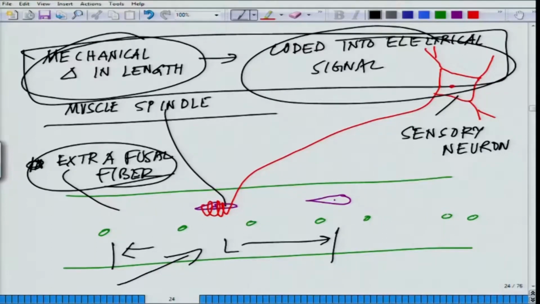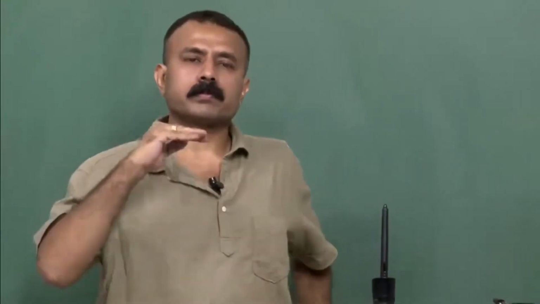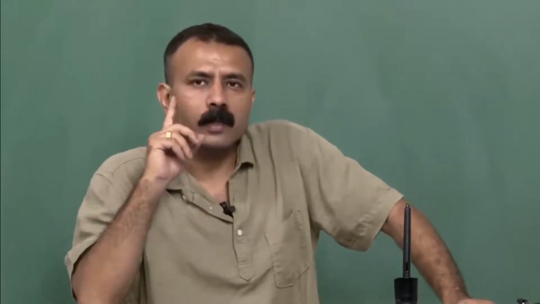So, why this is such a profoundly beautiful circuit is that there is an interchange of mechanical information to electrical information and electrical information to mechanical information. This is a very important aspect to realize in such a simple circuit, and these are circuits which have been conserved since the time we have evolved.